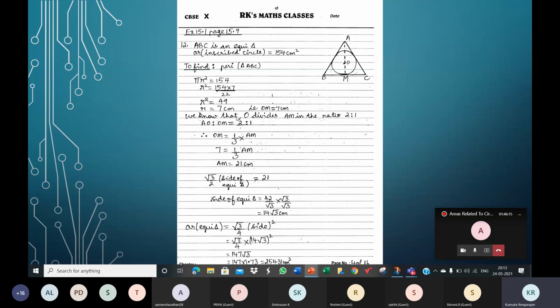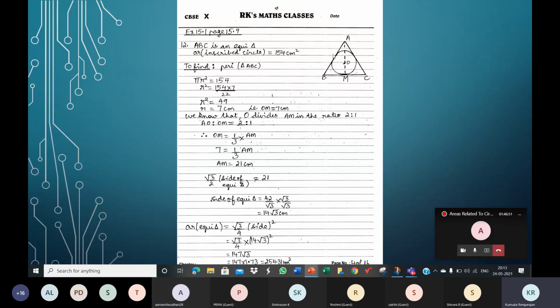From this ratio, AO to OM, AO is 2 parts out of 3 parts of AM, 2/3 of AM, and OM is 1/3 of AM. Yes. See, AM is the full thing.